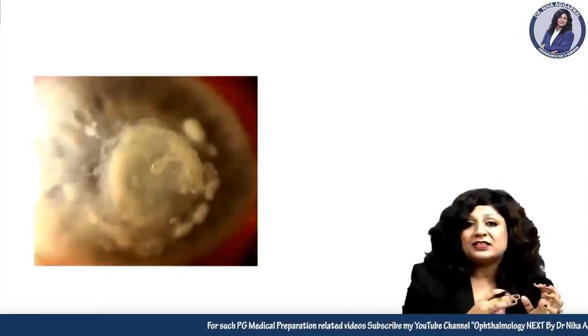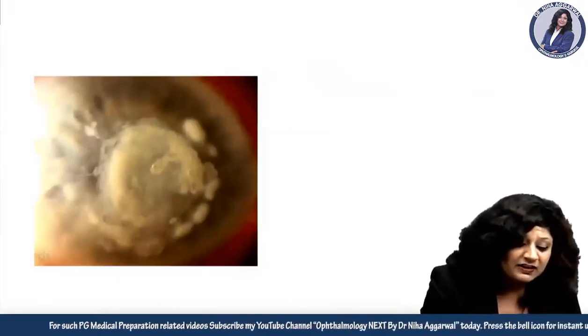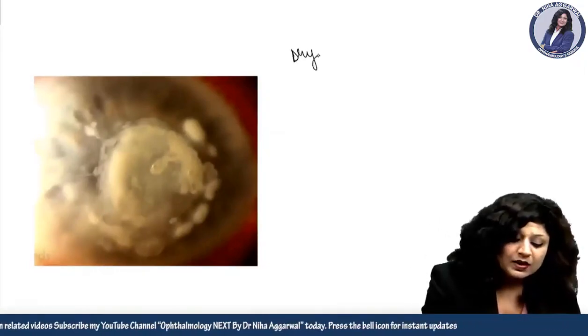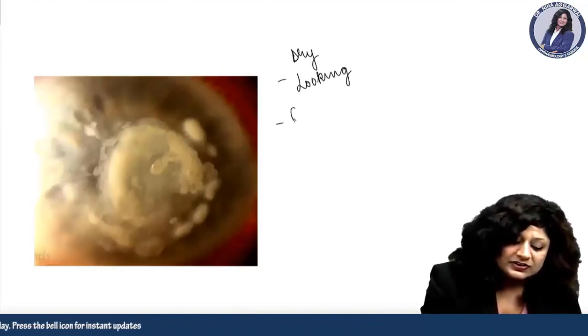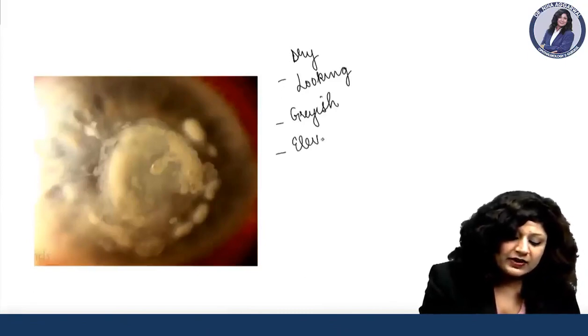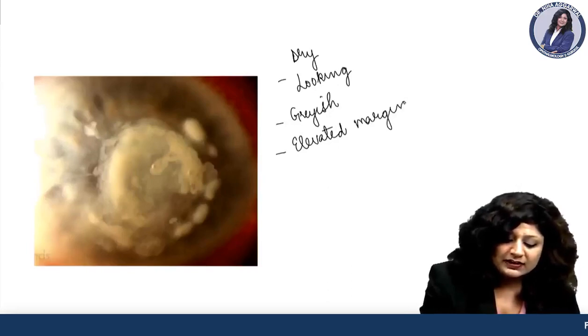Now if you compare these features with another ulcer, the fungal corneal ulcer. The important features of the fungal corneal ulcer, on the other hand: this ulcer is very, very dry looking. It is grayish in color and has elevated margins.